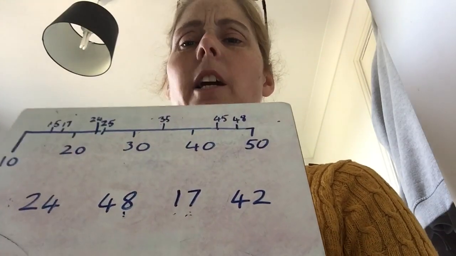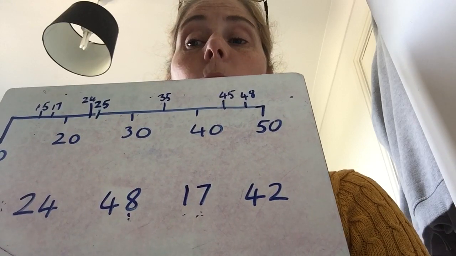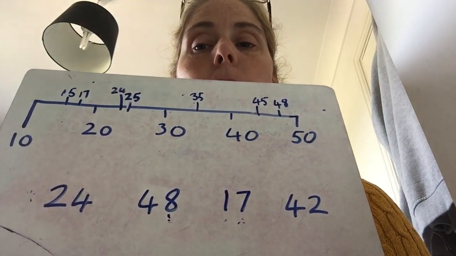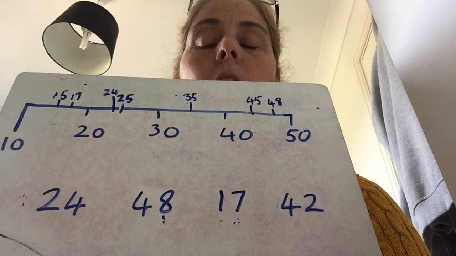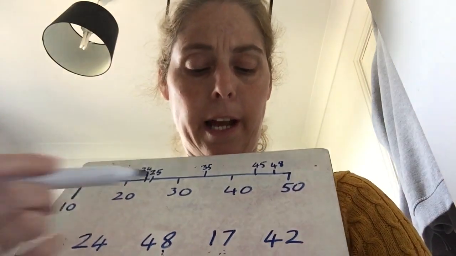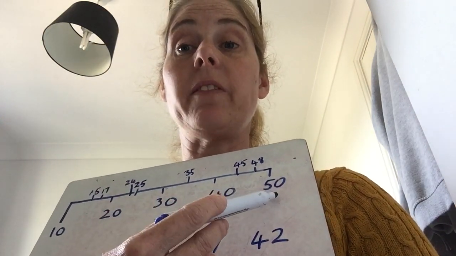42. Where's that going to come? Which two tens numbers is that going to come between? How do you know? Explain. Tell somebody how you know where it's going to go on the number line. Okay, if we look carefully, we know that it's going to come between 40 and 50.